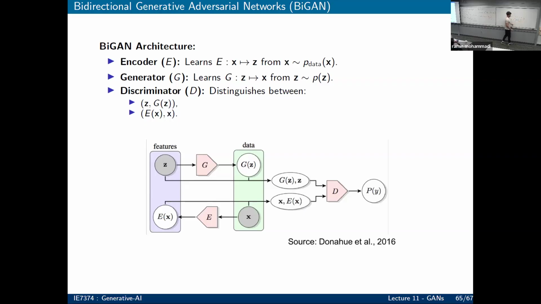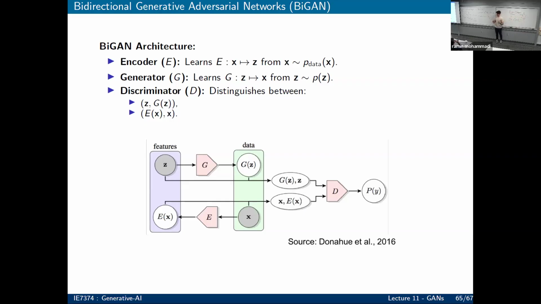Then you have Z, and Z goes to the generator G, and we get G(Z). So the latent goes to the generator and gives you a new data. You bring this new data and the actual Z, put them together like a tuple. And bring X and the hidden H, put them together in a tuple.